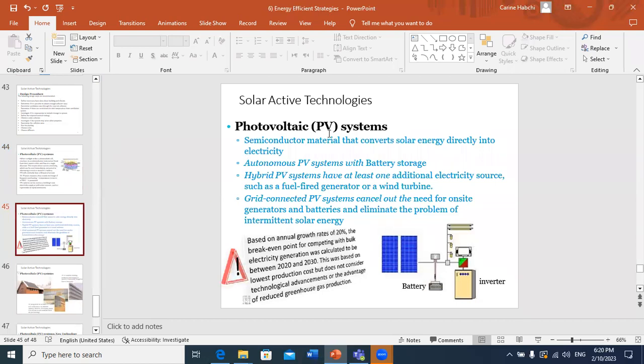In photovoltaic PV systems, we have a semiconductor material that converts solar energy directly into electricity. Autonomous PV systems are used with battery storage. If you design enough PV cells, you can be completely independent, so you don't need electricity from other sources, and in case you need other sources, you can have a backup system.